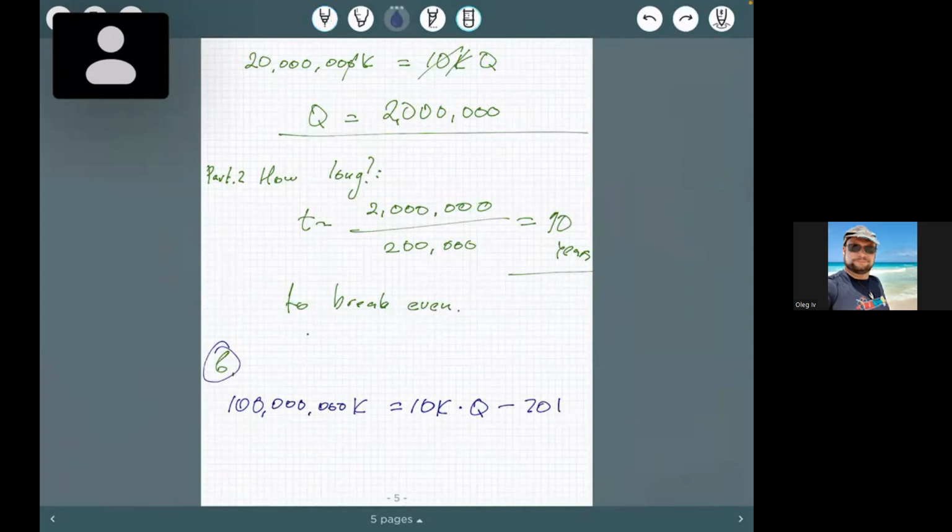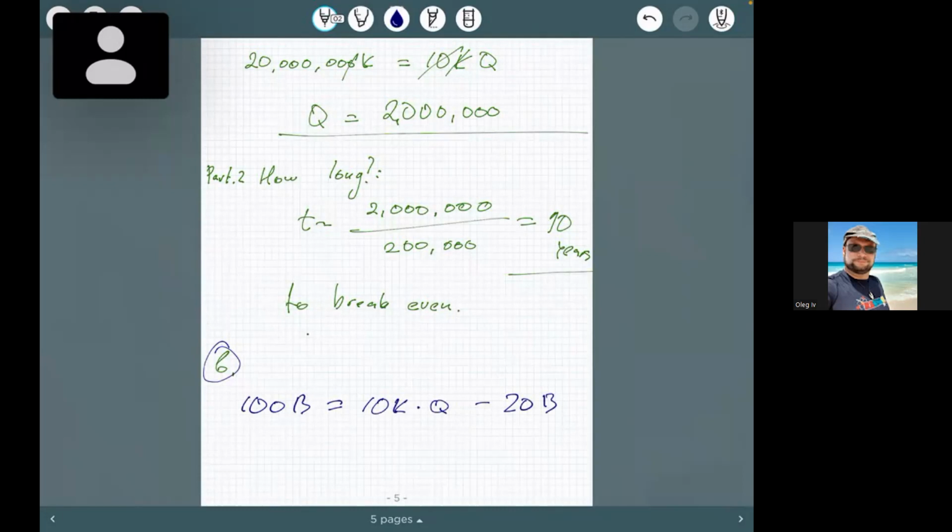So I got 100 billion equal to 10 KQ minus 20 billion. So it's pretty much the same after simplification.